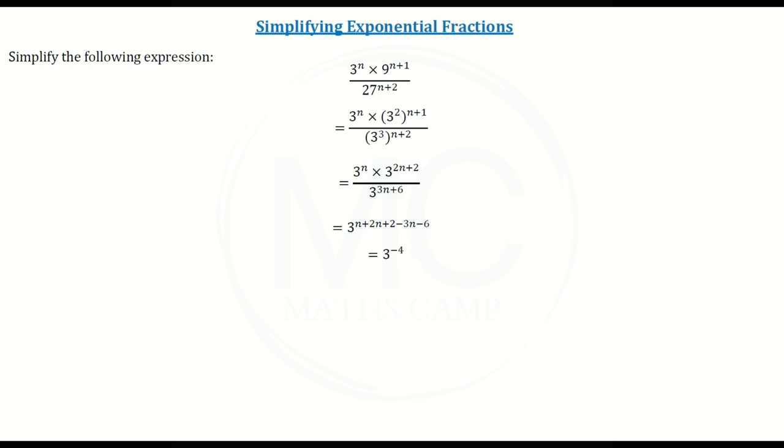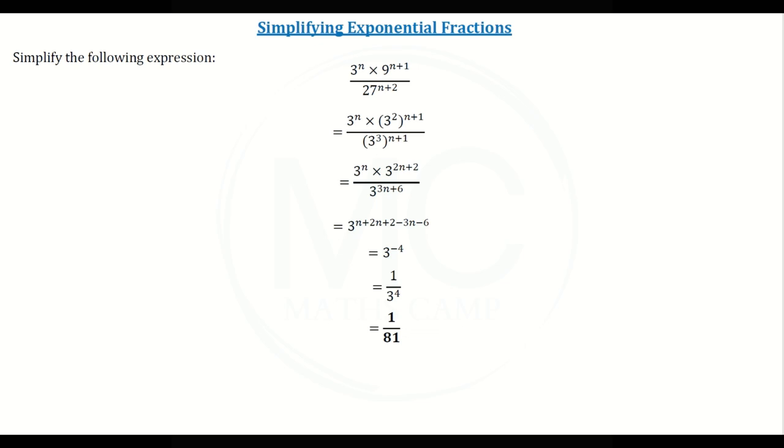We want a positive exponent. So we know we can rewrite this as 1 over 3 to the power of positive 4. From previous experience, we know that 3 to the power of 4 is 81. And we get an answer of 1 over 81. And we have now simplified this fraction.